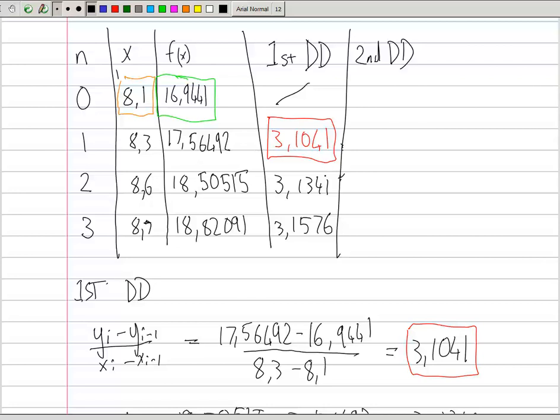Because we are working with the two divided differences, this is essentially y2 minus y1 over x2 minus x1, and this is x1 minus x0, y1 minus y0 divided by x1 minus x0. So now we're wanting to use our base x's, so we're going to be using 8.6 minus 8.1. So I will do that nice and clearly below.